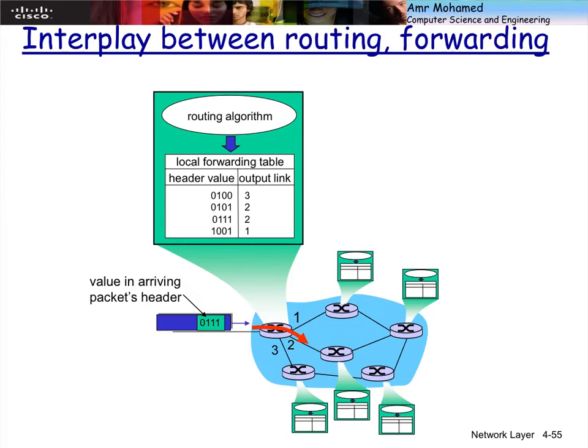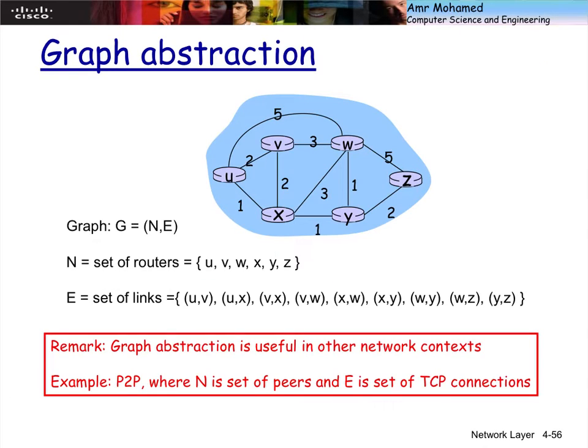Each of these router ports has an IP address and also a physical address, of course, and they are stored in the routing table. So the routing table here maps destination addresses to a specific output port number. And this output port is the physical address of that port. So this is the interplay between routing and packet forwarding.